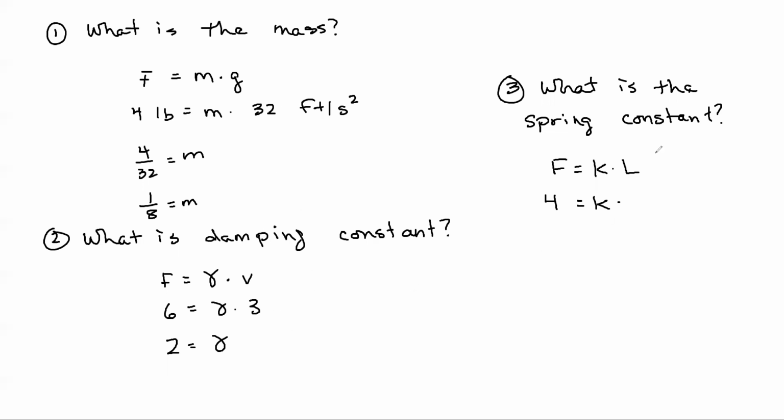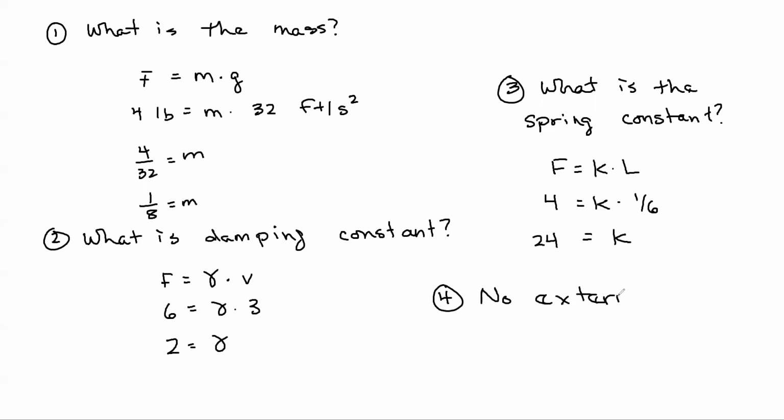So you do want to use feet for your elongation. So 2 inches is going to be 1/6 of a foot. And so we're going to get K equals 24 for the spring constant. And then 4, there is no external force. So you can just write that if you want, no external force.